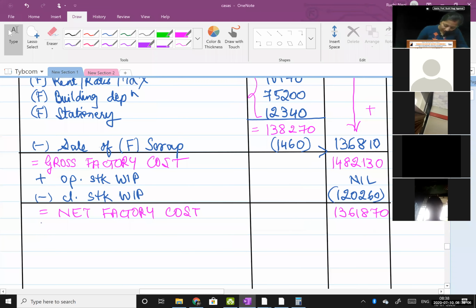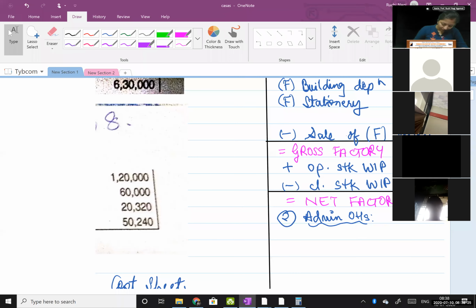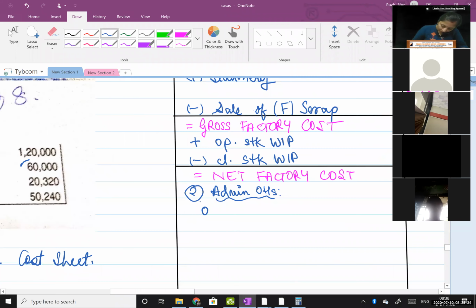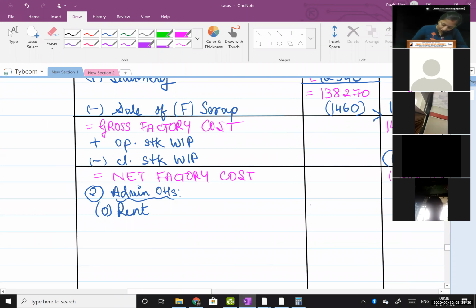Next, I'll be adding admin overheads. Let's see what you have in admin overheads. I have office rent 60,000. So write here, office rent 60,000.